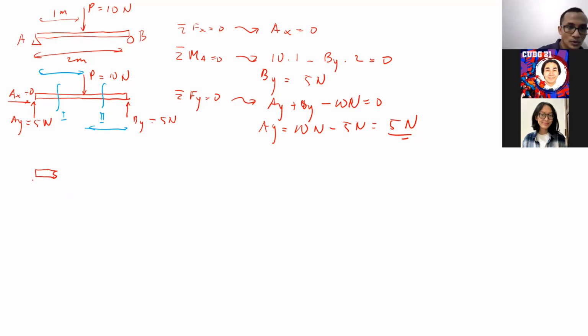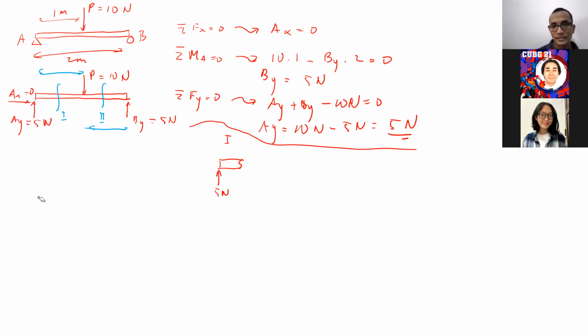What else besides Ax? I think it's Ay, we have 5 Newton. Oh, sorry, I think I made a mistake. I will redraw it here. This is the first cut. We have 5 Newton here. What else besides 5 Newton? That's all for the external forces, right? Yes, for the external forces, it's only Ay.